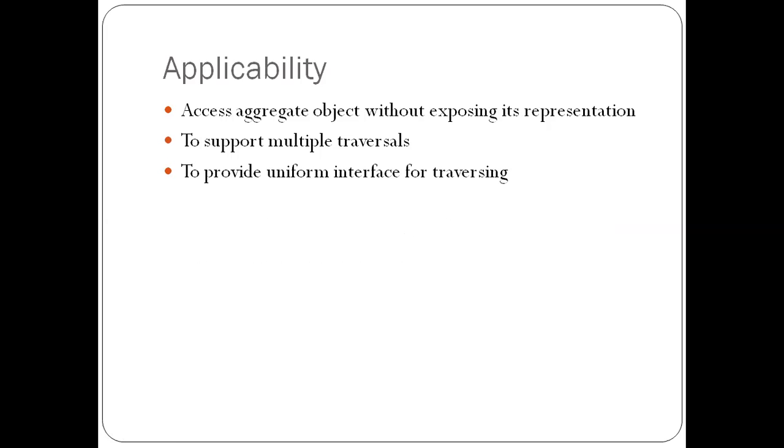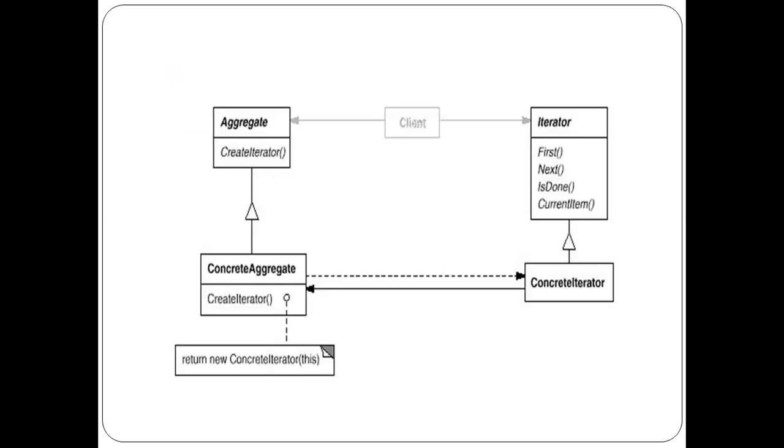The application of iterator is to access the elements of the aggregate object, and where we can also access each element in different ways, which we call multiple traversals. We will see first how this design pattern has given the solution.